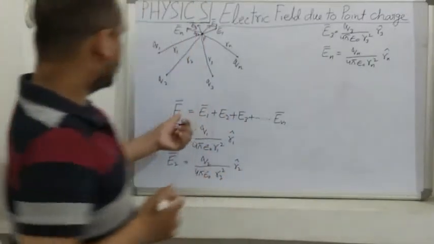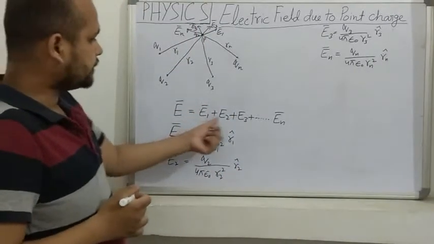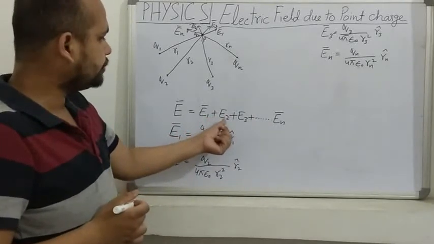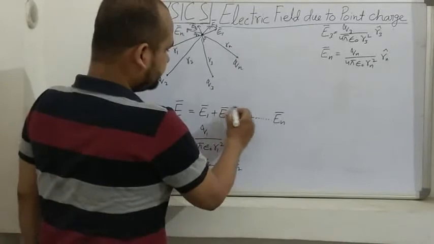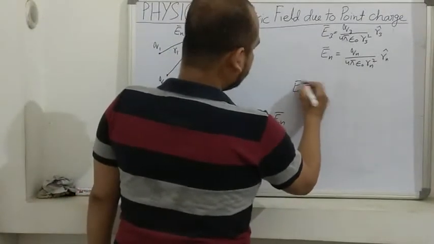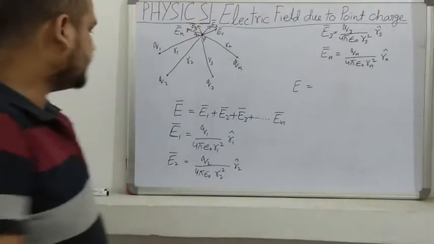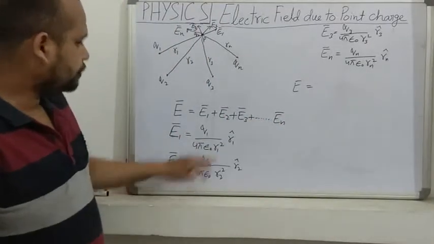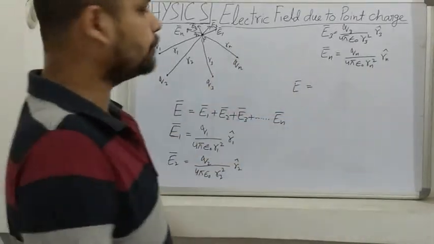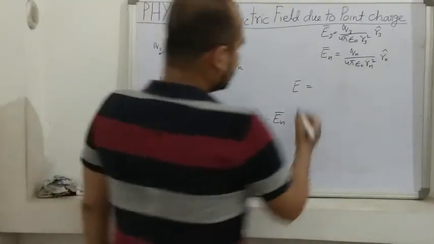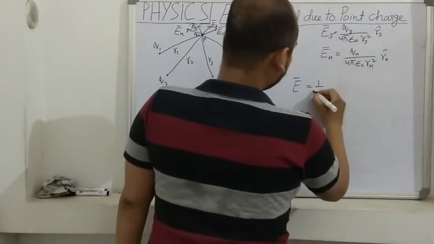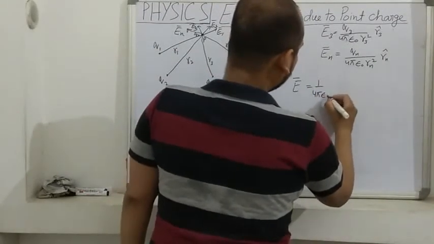Now we have to find E, and E is the vector sum of the individual electric fields E1, E2, E3, En. So E will be equal to, now you can see here 1 upon 4 pi epsilon naught can be taken as common. So we'll take 1 upon 4 pi epsilon naught common.